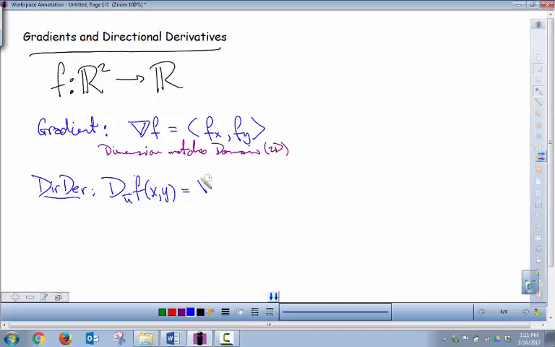Then we found this to be the gradient dotted with u, provided that u is a unit vector. Dimension matches domain. So u is a unit vector. Again, I'm stressing the fact that this is all two-dimensional.